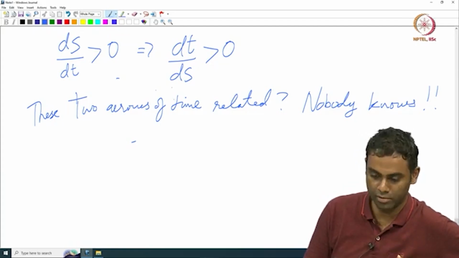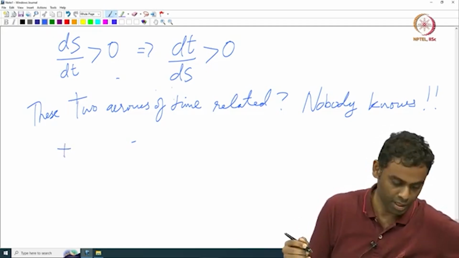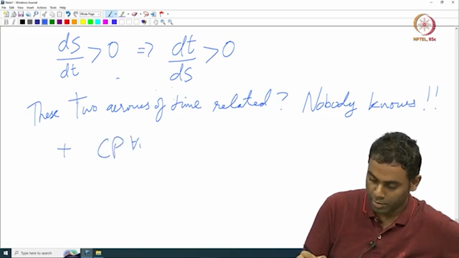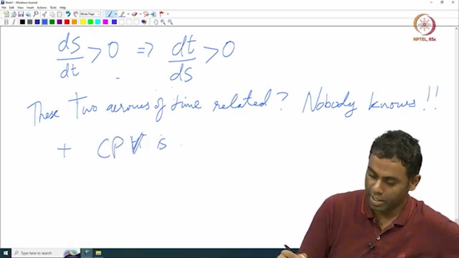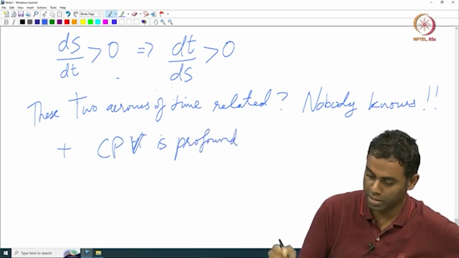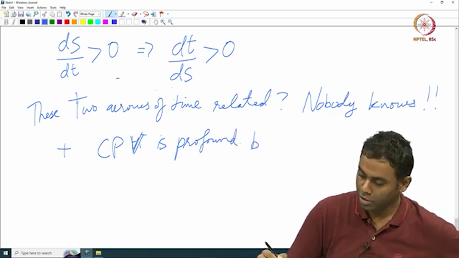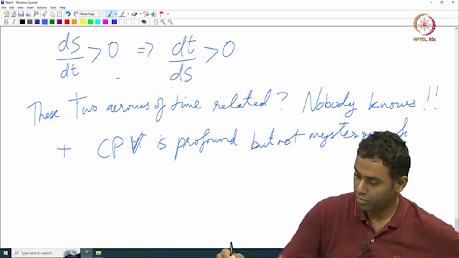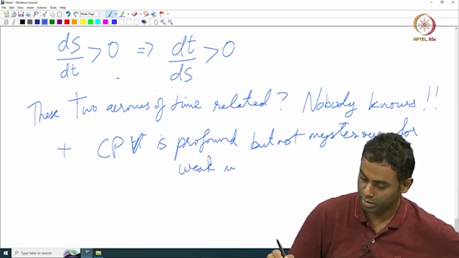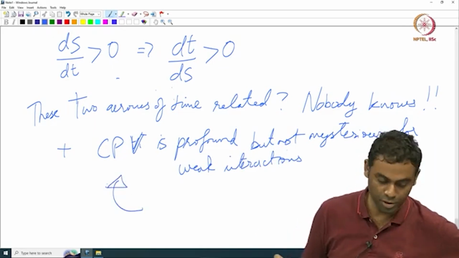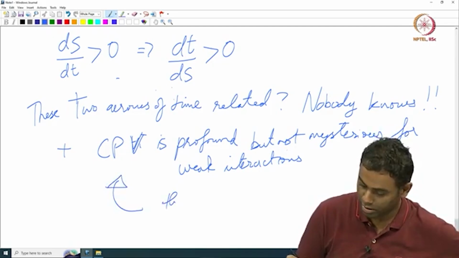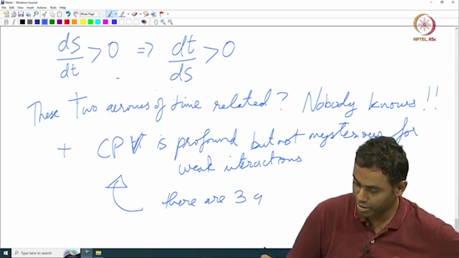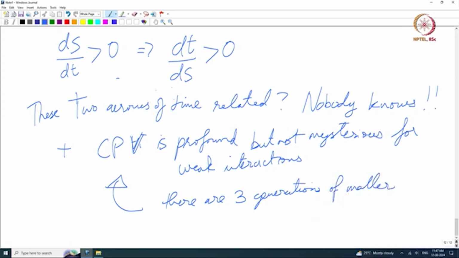We will encounter this further in the course, which is that CP violation, I'm going to write CPV for CP violation, is a profoundly disturbing thing, but not really mysterious for weak interactions, because it would follow from the fact that there are 3 generations of matter. We saw this in the very first lecture.